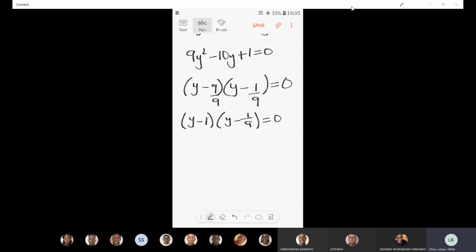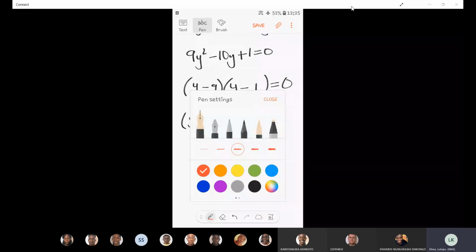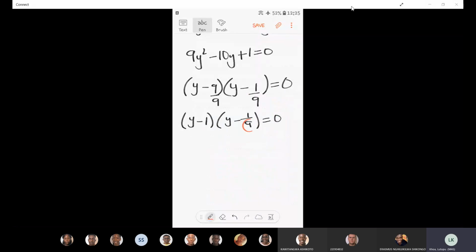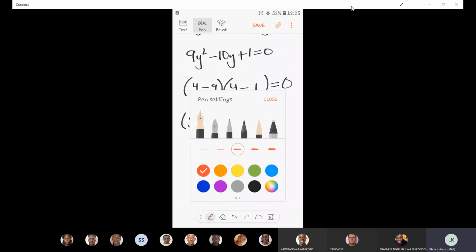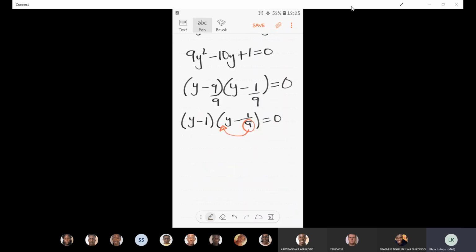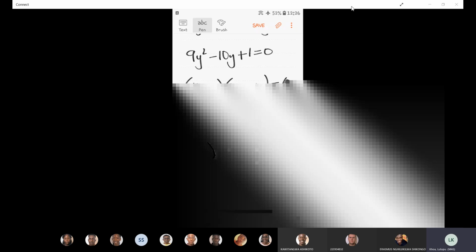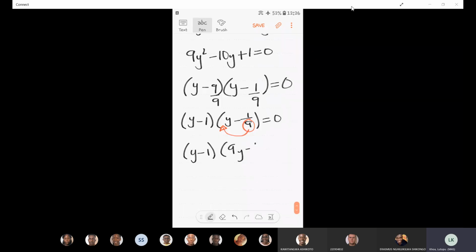Then because we do not like fractions, we take this 9 and write it over there. It becomes the coefficient of the y. Again, it's a technique of factorizing. So we have y minus 1, and then 9y minus 1, equal to 0.